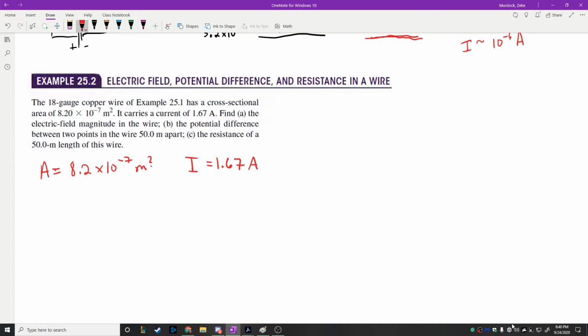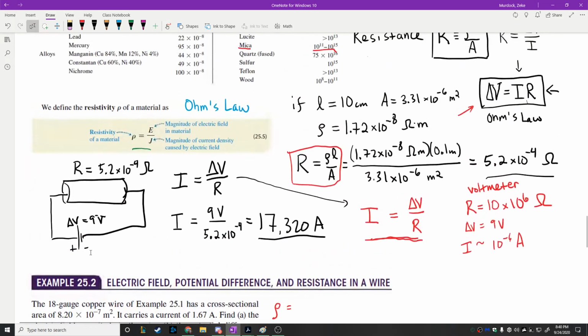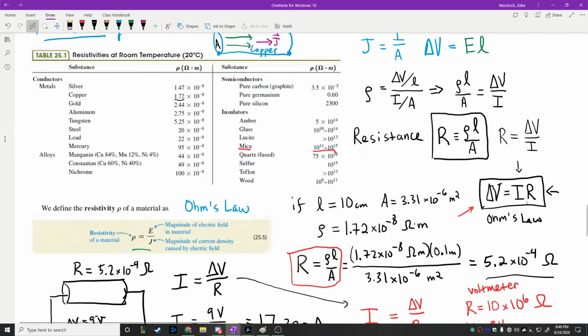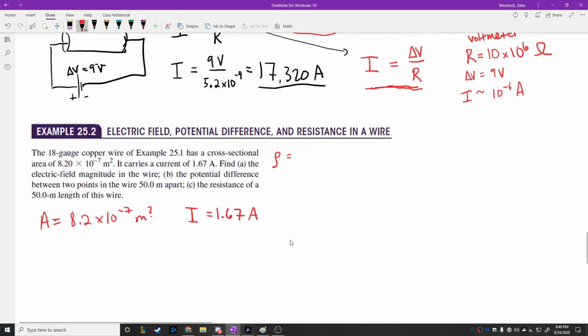We're going to need some other pieces of information. Are we? Let's see. Oh, no. We won't. We're good, I think. We have copper, so we'll have to write down, we're going to need the resistivity. Resistivity of copper is 1.72 times 10 to the negative 8.